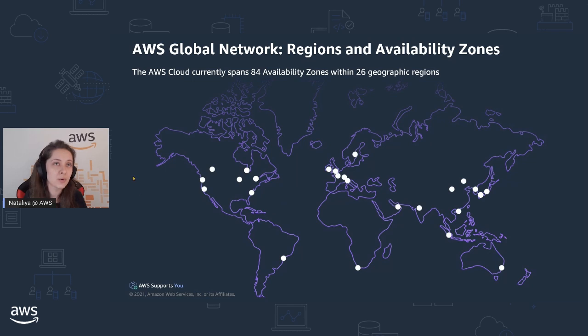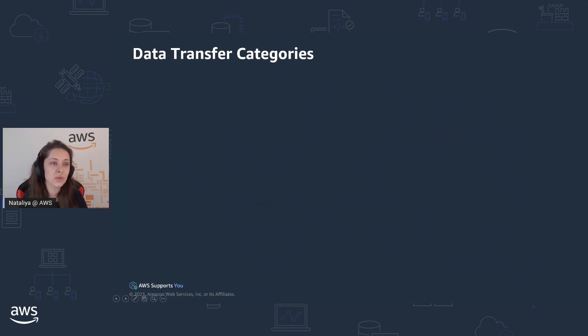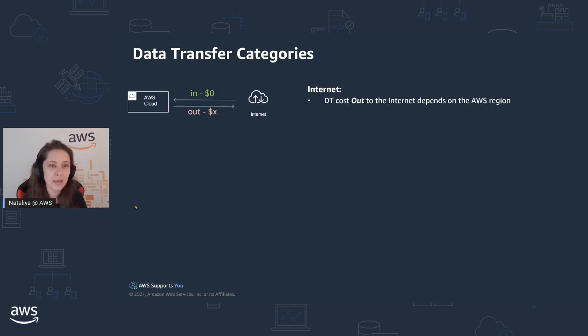So let's look at examples of how data transfer occurs when workloads are deployed on AWS. So the primary way to get data in or out of AWS is over the internet. Let's say you have a video file in your S3 bucket in one of the AWS regions, and let's say you're downloading that file directly from S3 to your home laptop.